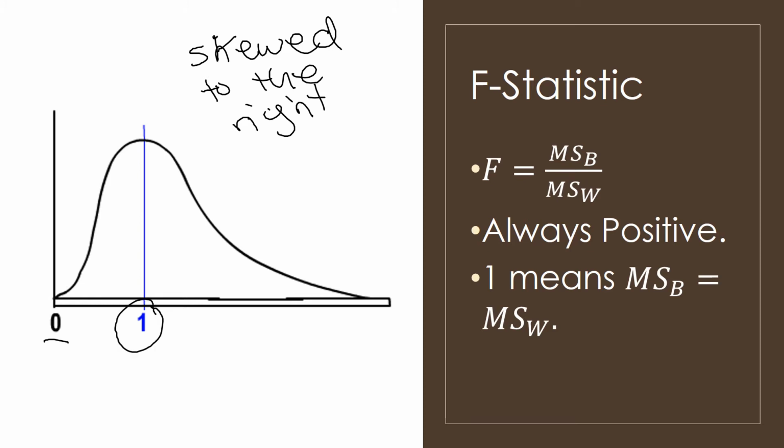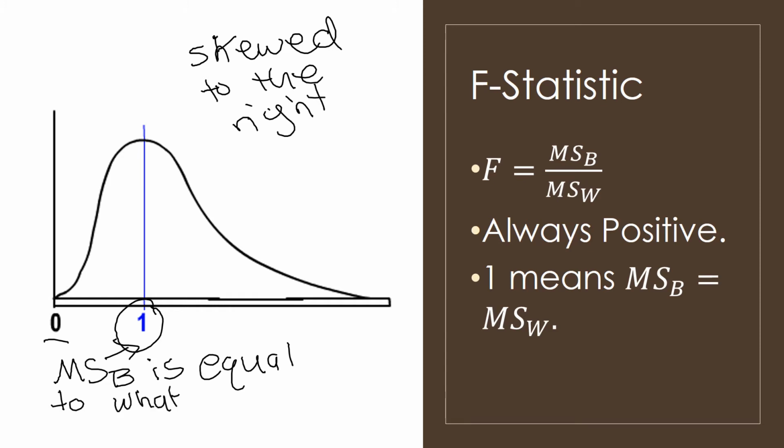And that means that our mean squared between is equal to what we would expect just by chance.